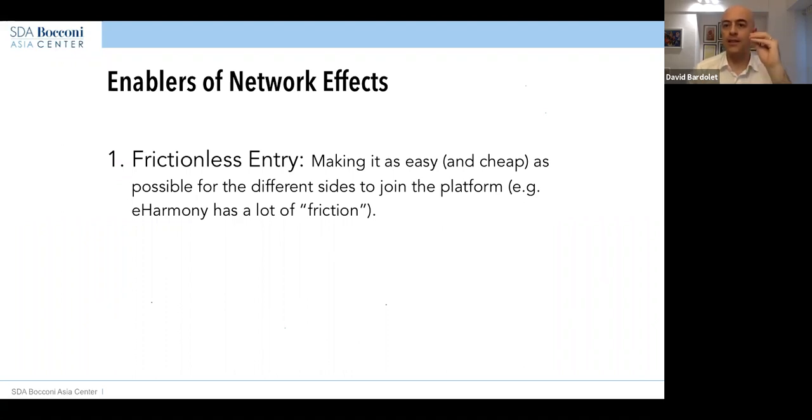constrains the entry and makes it difficult on purpose is a dating site, an American dating site called eHarmony. And this dating site promises people that they're going to find a match to get married. And there are Indian versions of that, of course. But this site is particular in the sense that they really constrain entry into this platform.